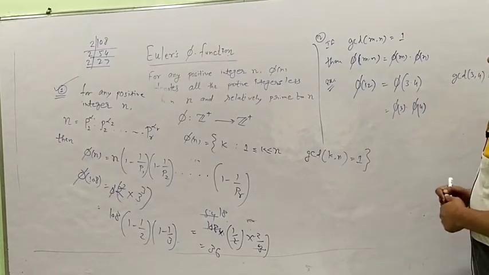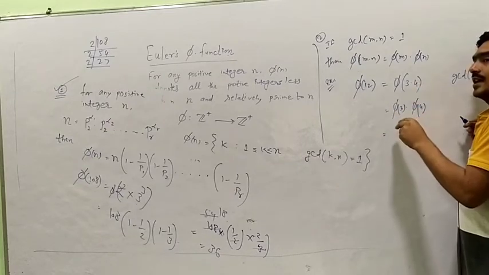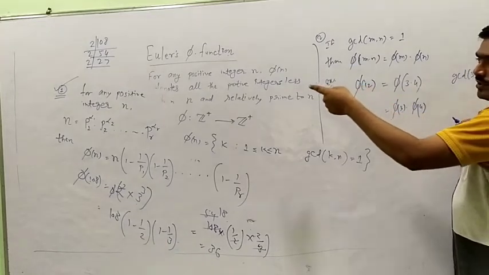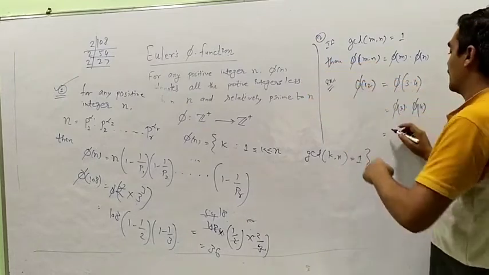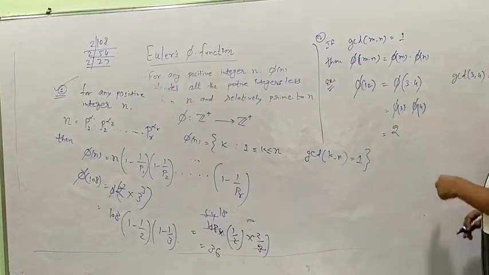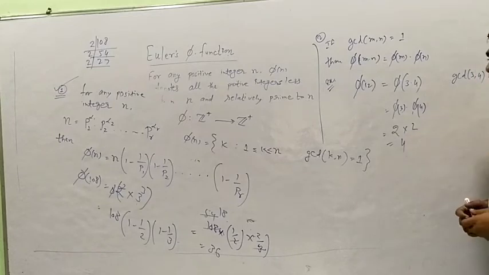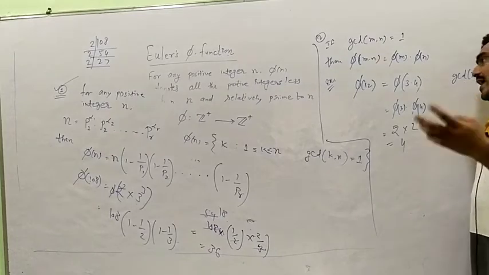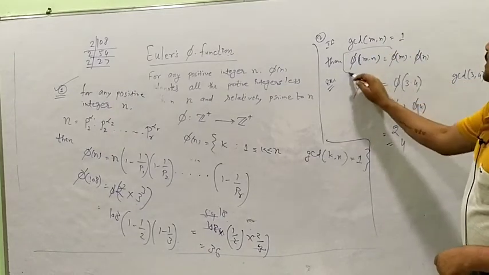Now how many positive integers are less than 3 and relatively prime to 3? We saw earlier that phi 3 is equal to 2 and phi 4 is also equal to 2, so that is 4. You try other examples to apply this formula.